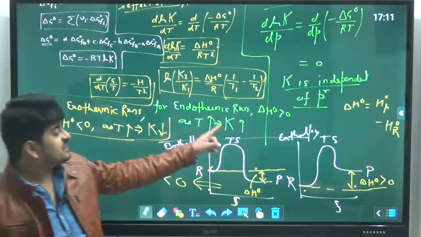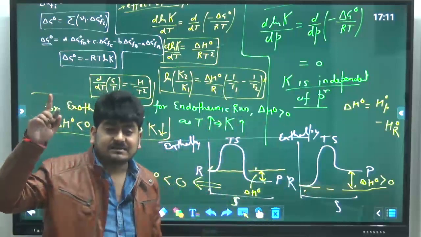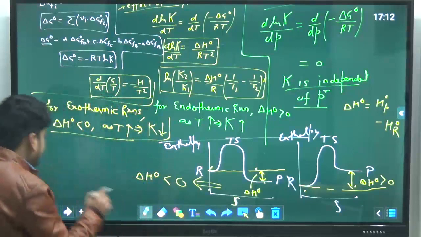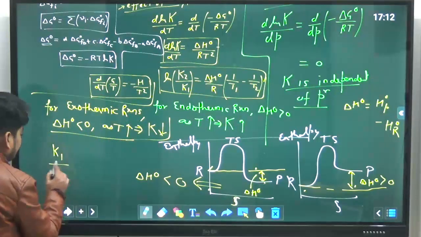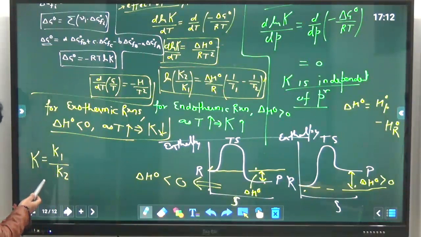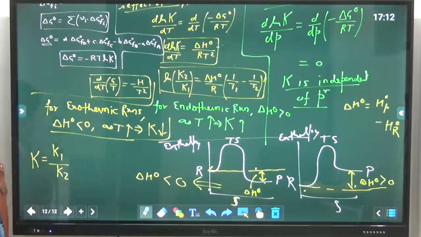Since equilibrium constant K is not a function of pressure, if you know the 11th, 12th class study in physical chemistry, you must have studied rate constants K1, K2. The equilibrium constant can be written like K1 upon K2, where small K1 and small K2 are the rate constants of forward reaction and backward reaction.